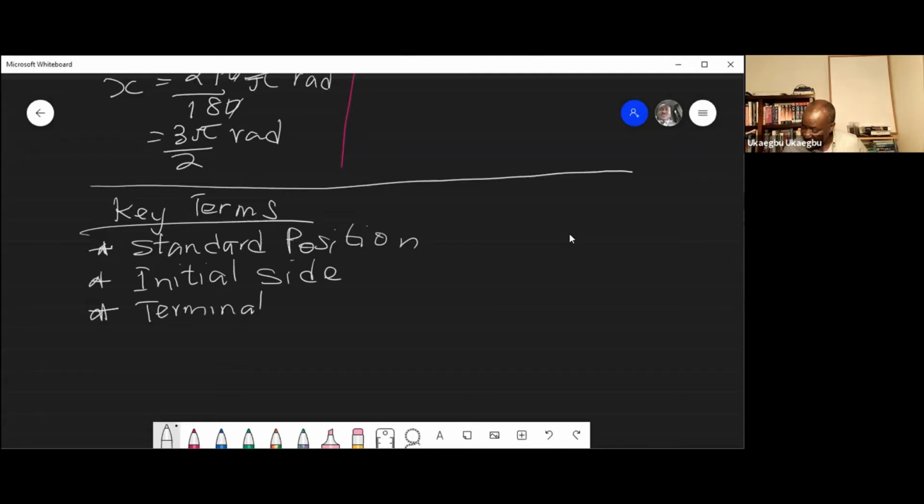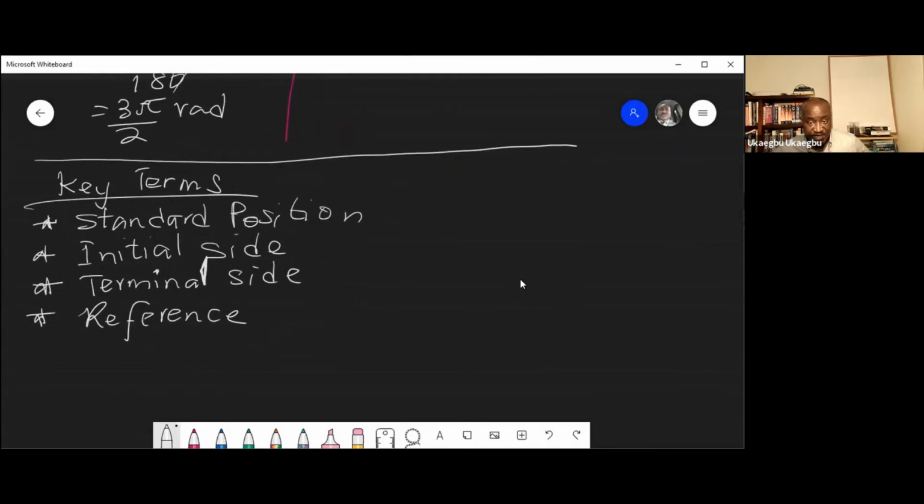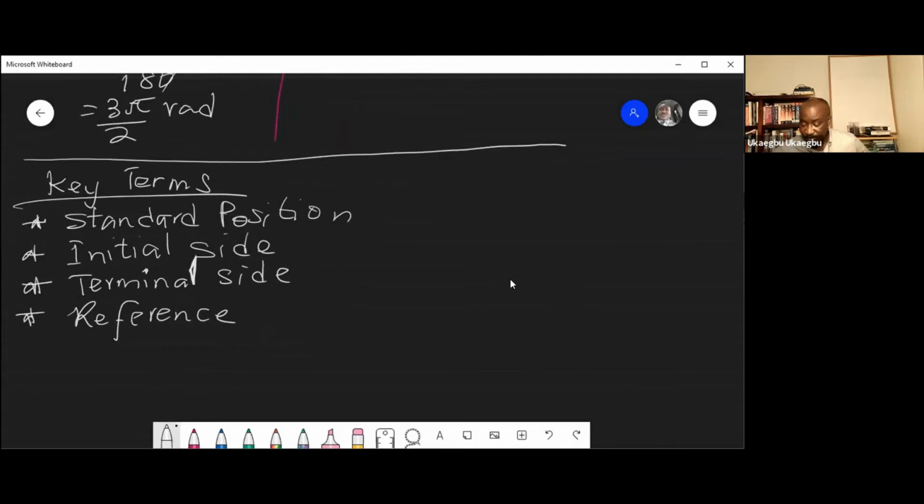Terminal, like where it ends. And then another one that is very important to us now would be reference angle. So these are the key terms that we must use in order to describe our angles.